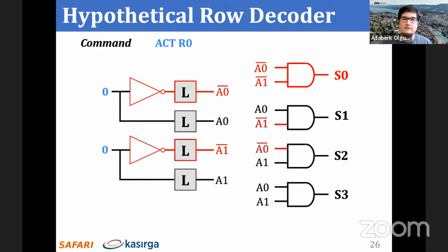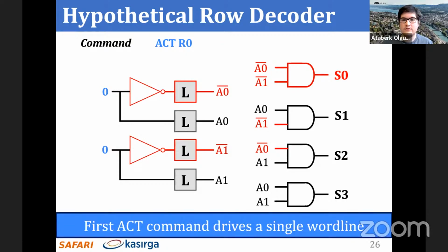The AND gates that drive S1 and S2 have partially set inputs. However, since A0 and A1 are not yet enabled, these gates do not drive their corresponding control signals. So with the first activate command being executed, this decoder drives a single local wordline.